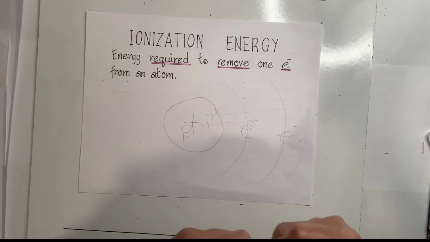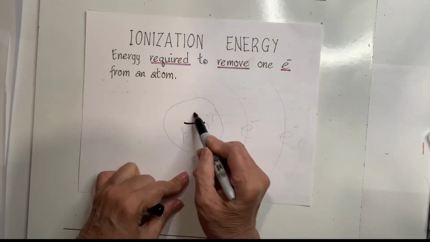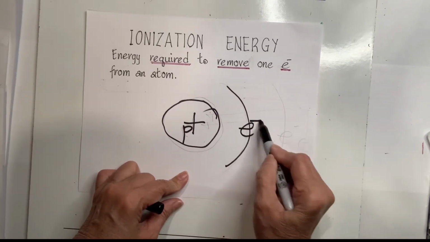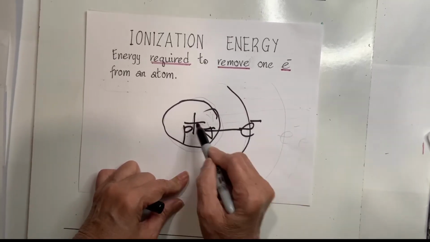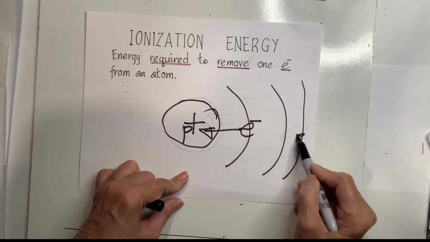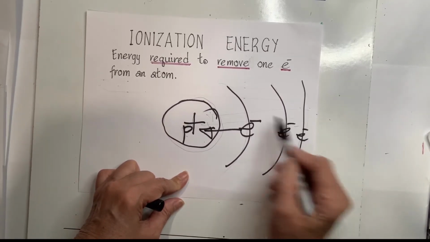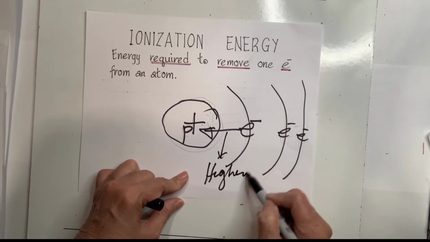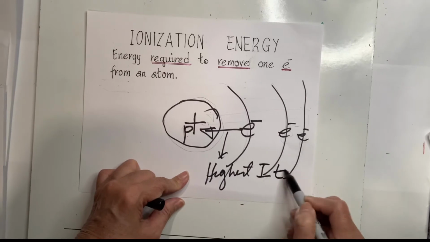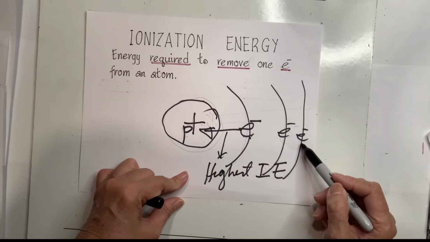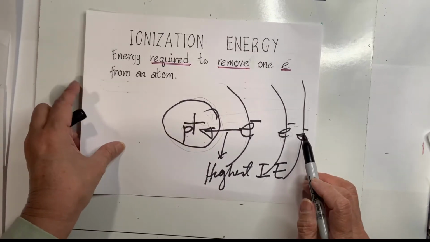If this is the positive nucleus, this electron is very strongly attracted to this nucleus, right? Compared with the electrons far from the nucleus. So, the highest ionization energy is needed to remove this electron, right? This one, lower energy.